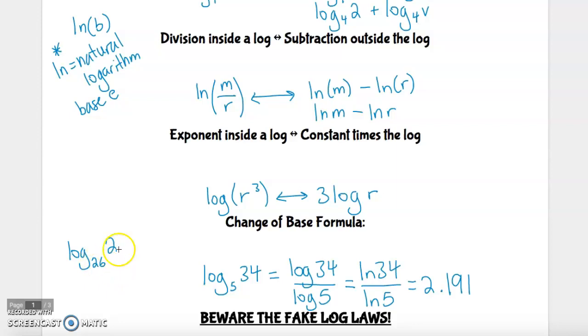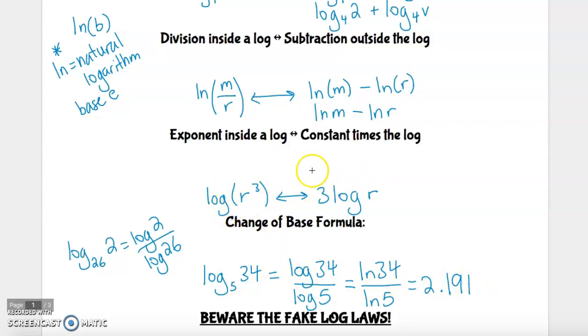This number is much larger, but I could still calculate it using log of 2 divided by log of 26. It's always what you're taking the logarithm of goes on top, and then the base goes on the bottom. So it doesn't matter which number is bigger and which is smaller, your base would always go in the denominator.